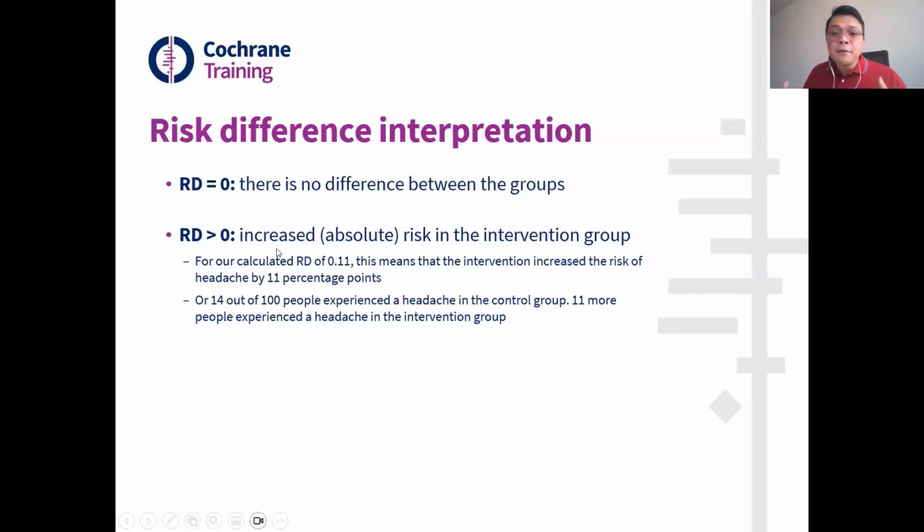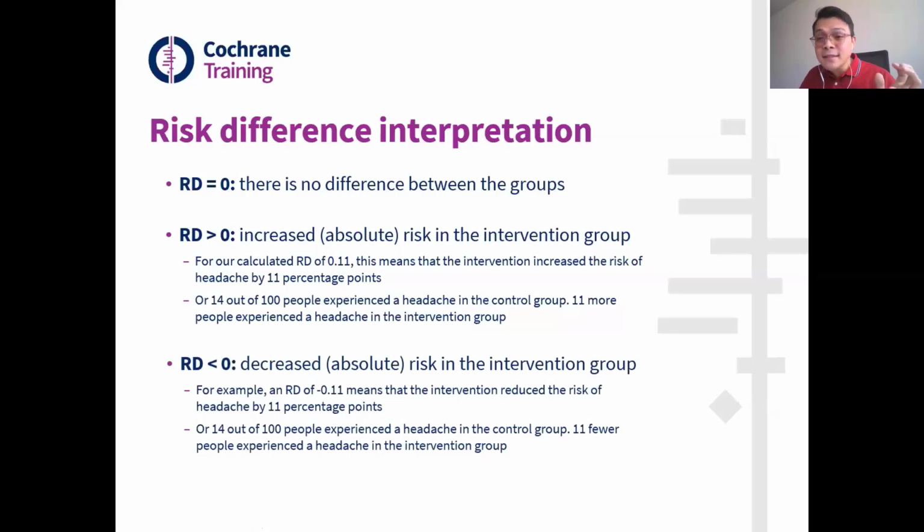For risk difference, an alternative way of expressing it in words is using natural frequencies. So in our example, we found that the risk with control is 0.14. So we could say that 14 out of 100 people experience a headache in the control group, and 11 more people experience a headache in the intervention group. So we can say it that way.